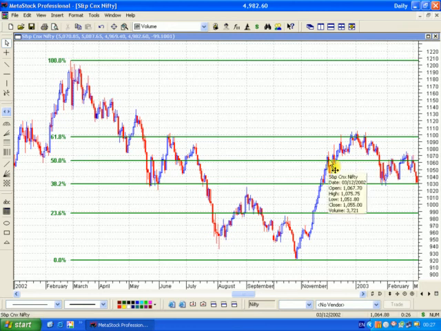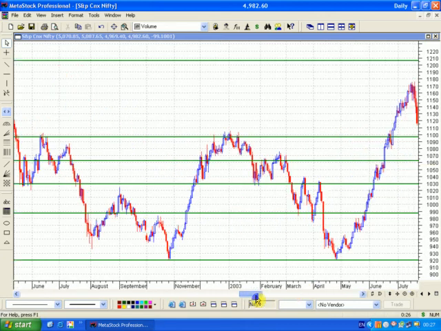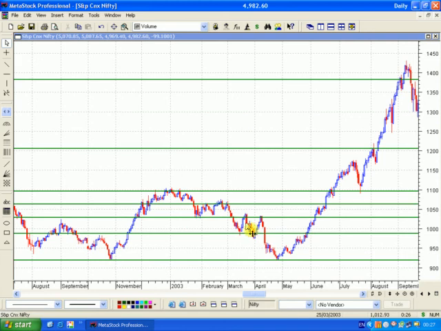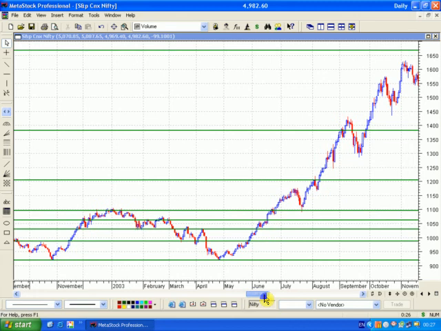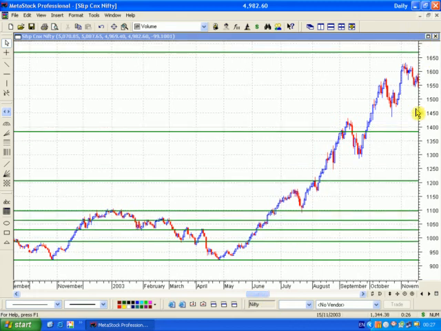We connect these two. We saw that it found resistance near 50%, went back up, found resistance near 61.8, found support near 38.2, finally came down to 23.6, and one time it even touched where it all started. 920 is the level which we all remember 6 years back.